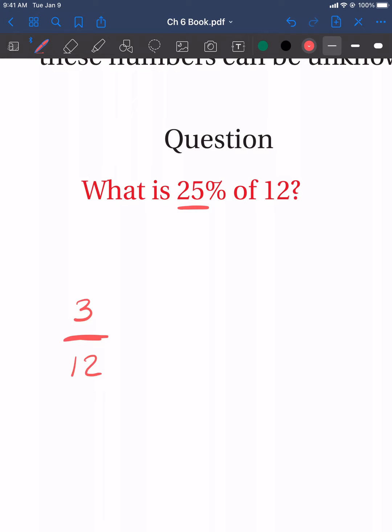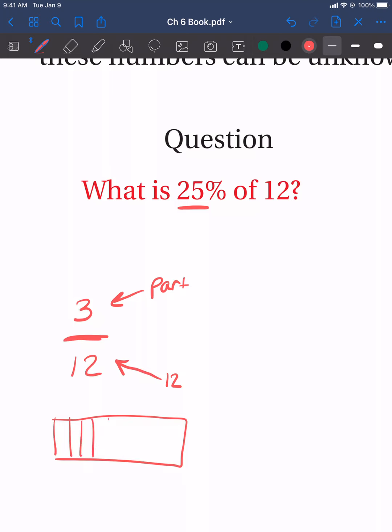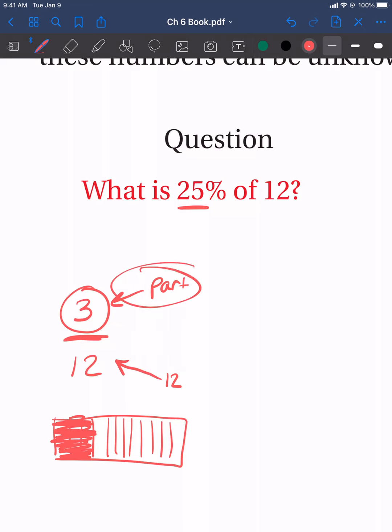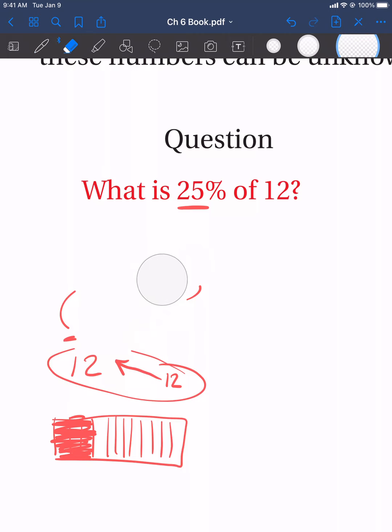The part is the numerator. The whole is the 12. For example, if I had a Snicker bar, I could separate it into 12 pieces. I would say 3 of 12 would look like this. Okay, just remember, part is the numerator, whole is the denominator. Keep that in mind.